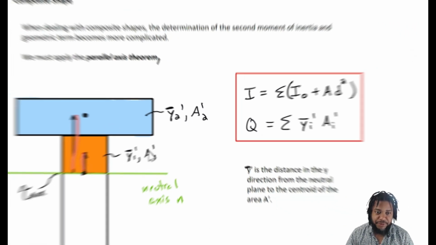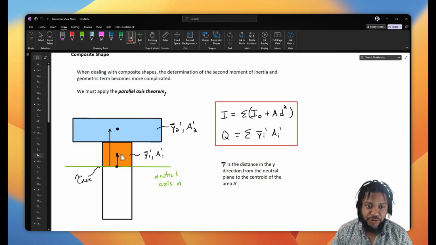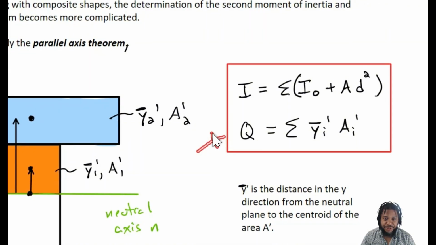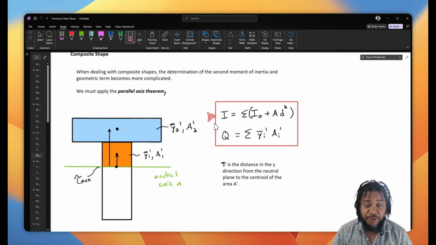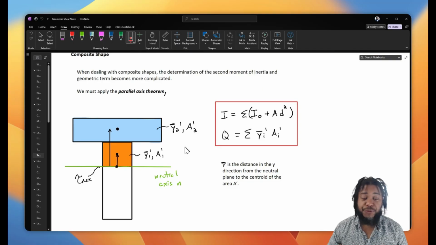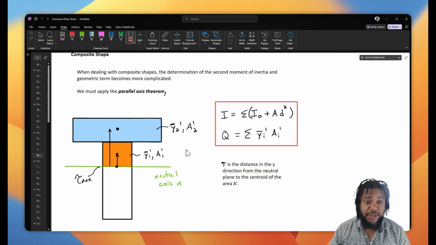So if we sum the centroid times the area of each of these together, then we end up with our composite Q term. It's important to note that we also have to apply the parallel axis theorem to get that composite second moment of inertia. With these terms calculated and noting how transverse shear stress evolves, we can very easily solve for the maximum transverse shear stress in a member.